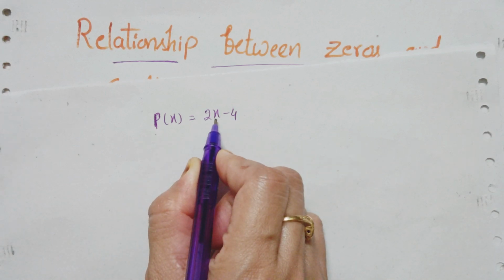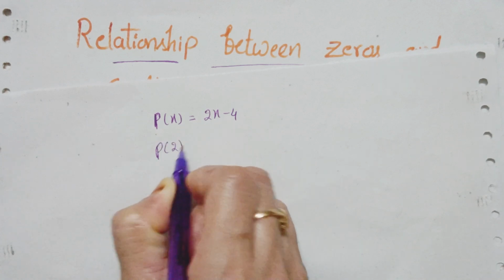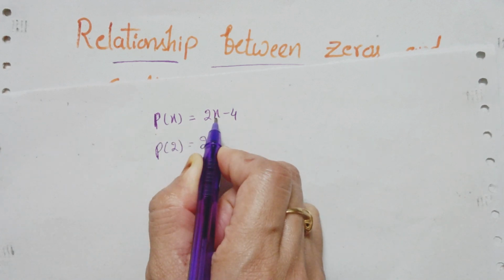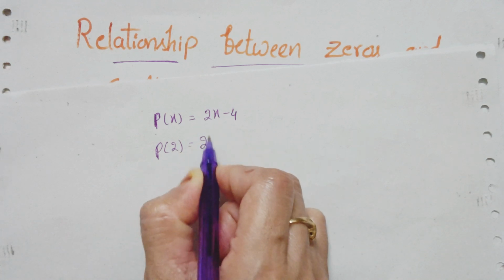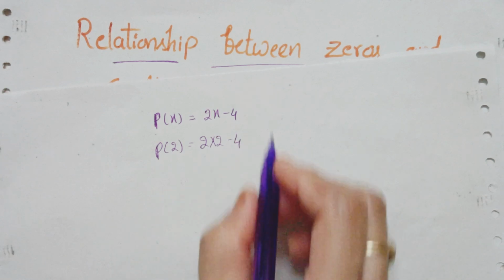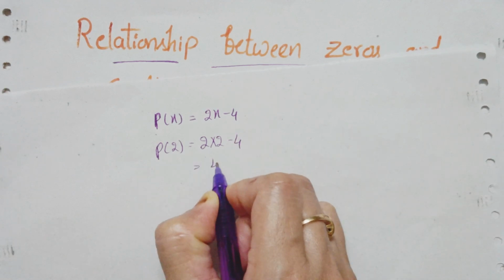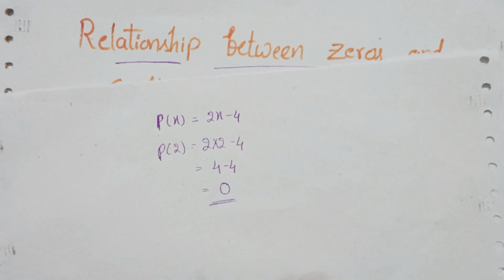So I am going to substitute 2 in the place of x. P of 2 equals 2 multiplied by 2 minus 4. So 2 twos are 4, minus 4. The answer is 0.